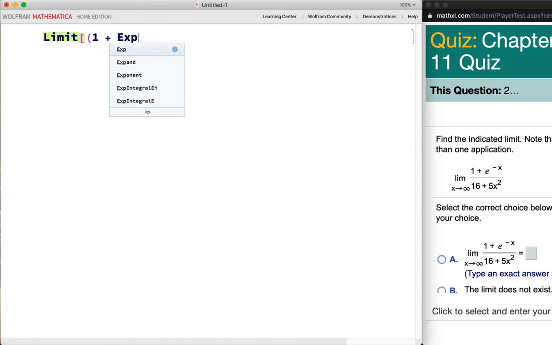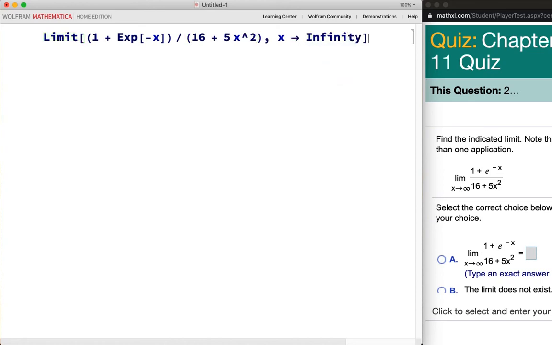1 plus e to the power negative x divided by 16 plus 5 times x squared as x goes to infinity.